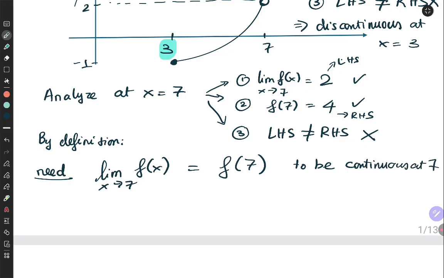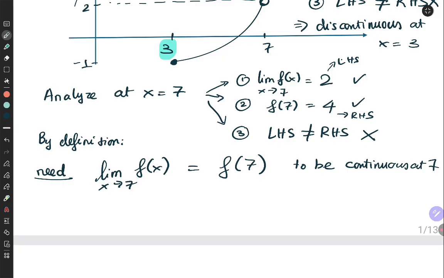By definition, we need this to be true, to be continuous at 7, right? By definition. Then if this right here equals this right here, what is the left hand side? This, right? This is the left hand side, right? How much is it? 2, right? 4.